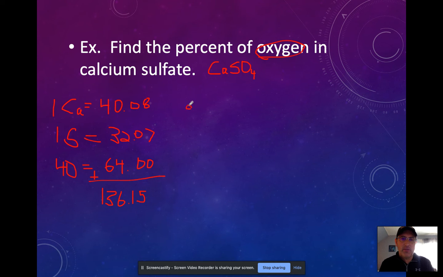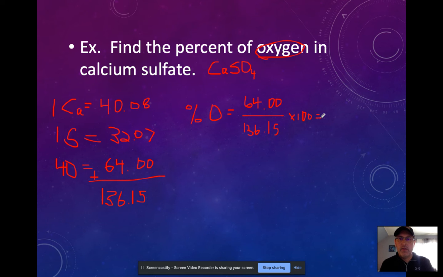So to get the percent of oxygen, we just have to take the mass of oxygen in the compound, 64, and divide it by the total mass of the compound, which is 136.15, times 100.